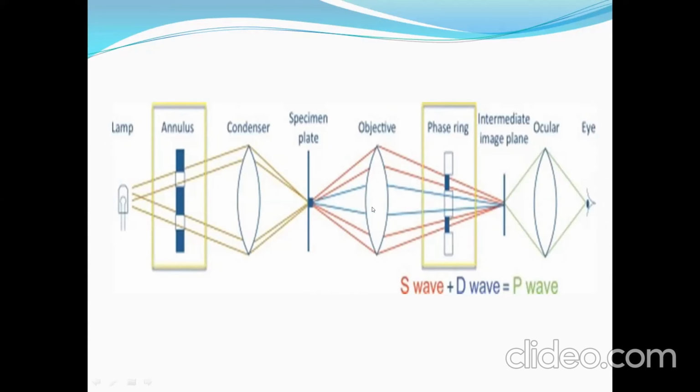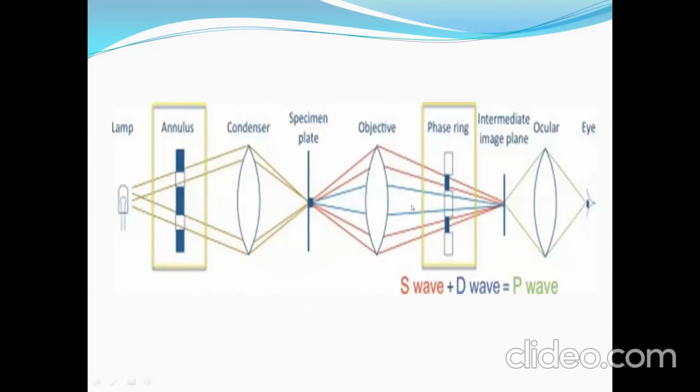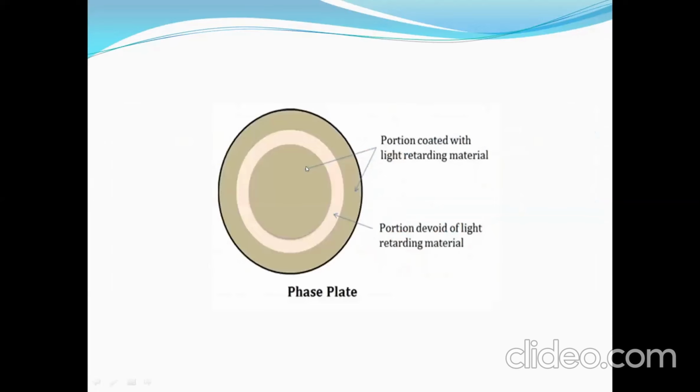That is the deviated light. Those deviated light rays are passing through this portion of the phase plate, and they miss the phase ring over here. Which portion is the phase ring? This is the phase ring, right?